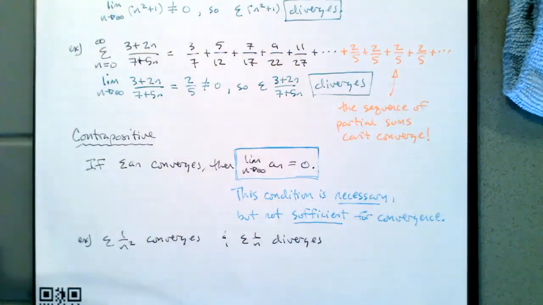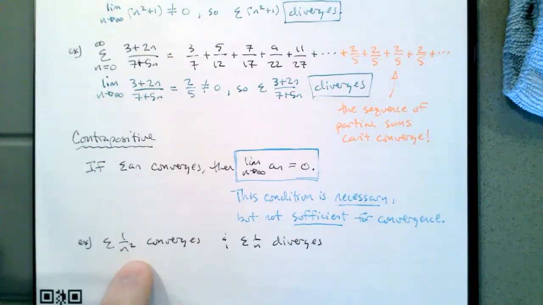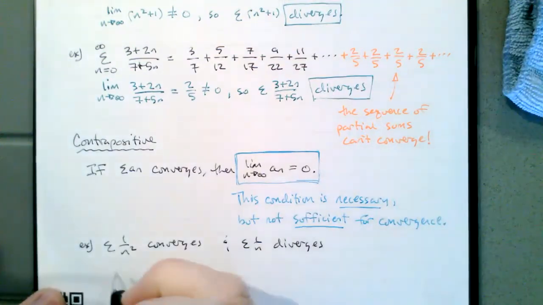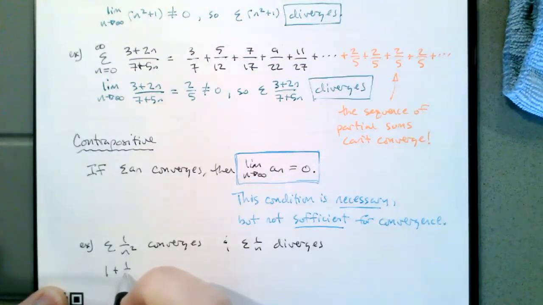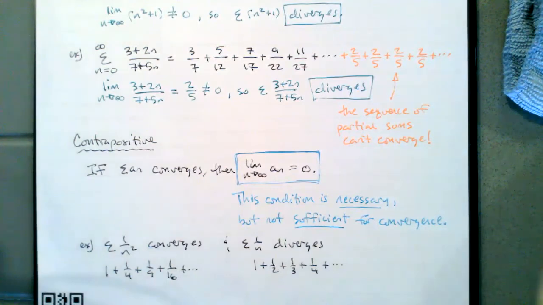That's a necessary condition, but there's some sufficient condition that makes 1 over n squared converge, but 1 over n does not. So the series 1 plus 1/4 plus 1/9 plus 1/16 converges, but the series 1 plus a half plus a third plus a fourth plus that series does not converge.